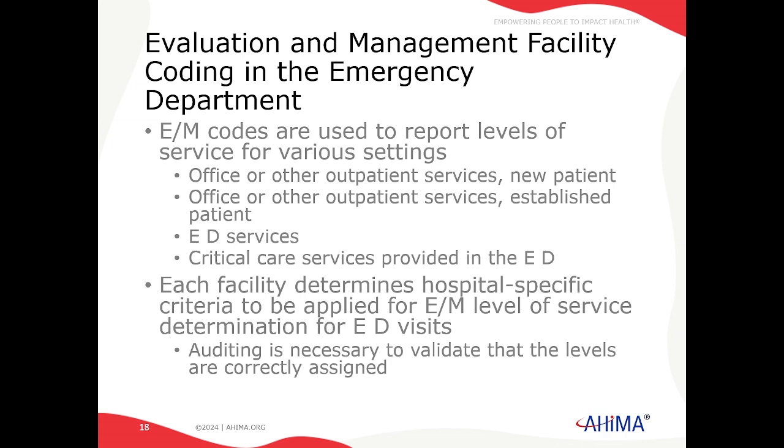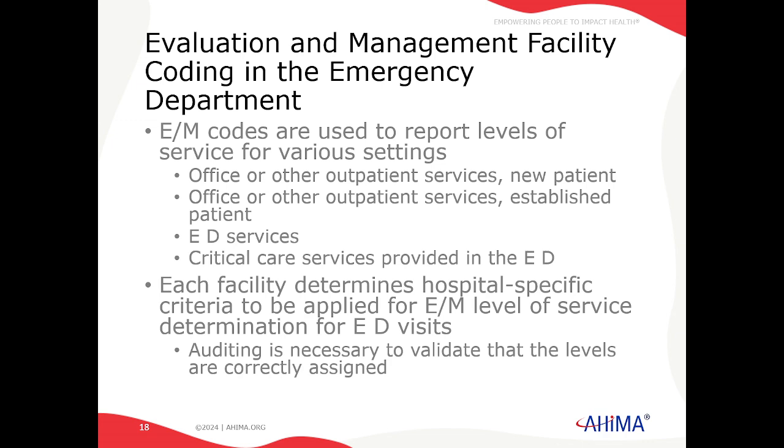So these codes are based on HCPCS, CPT and HCPCS, and they work to drive those APC codes. Each facility is going to determine what hospital-specific criteria needs to be applied for the E&M level of service and the determination of the ED visit.